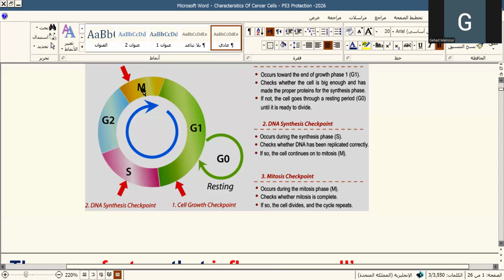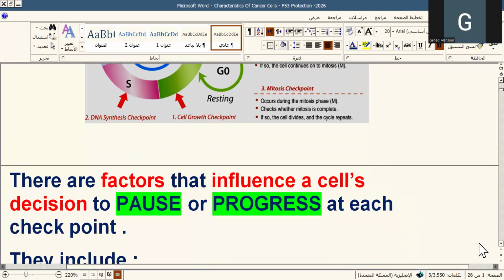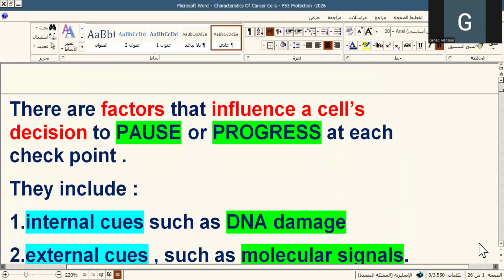The checkpoint here checks that the spindle fibers that arise from the centrioles at the poles of the cell have been attached accurately to the centromeres of the chromosomes, and that the chromosomes are accurately located on the equator of the cell in metaphase. If this is okay, then nuclear division is allowed, followed by cytoplasmic division.